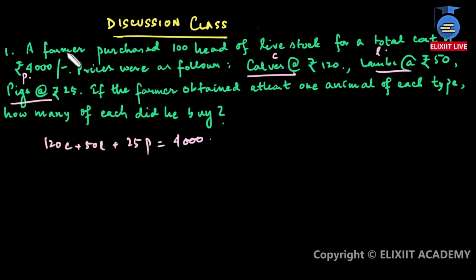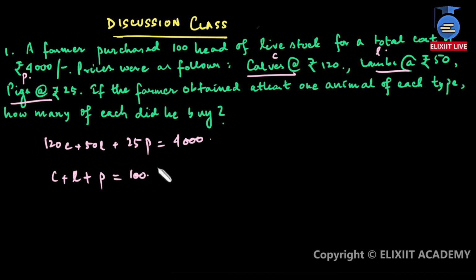It is given that the farmer purchased 100 heads of livestock. Livestock includes calves, lambs and pigs. So the total is 100, which means calves plus lambs plus pigs equals 100.